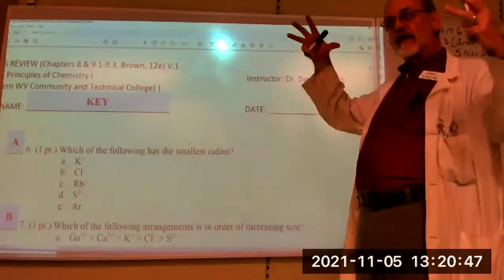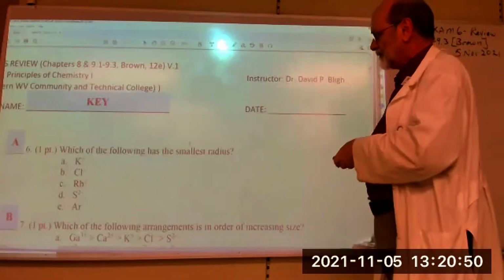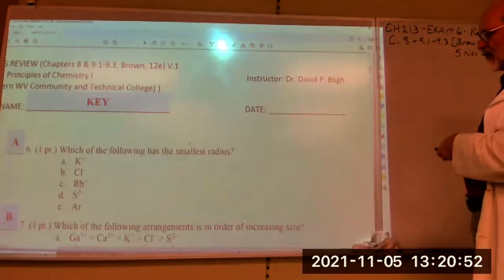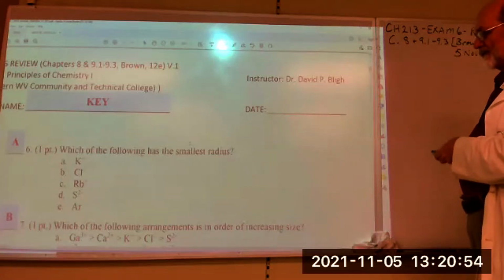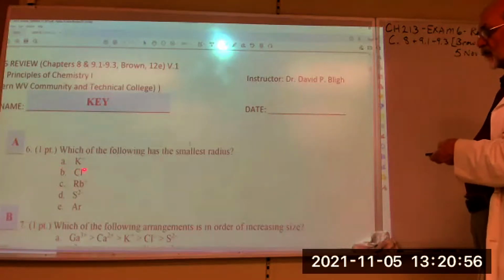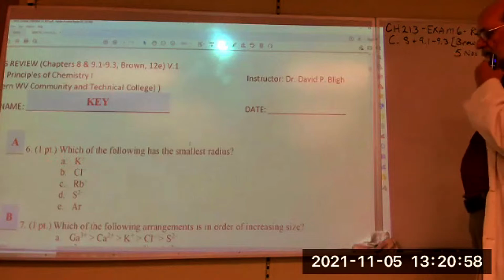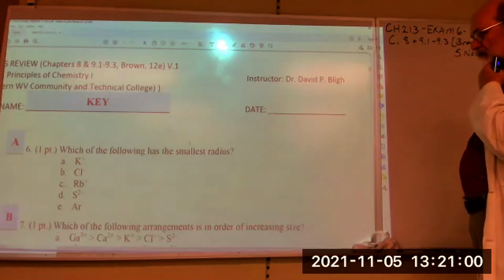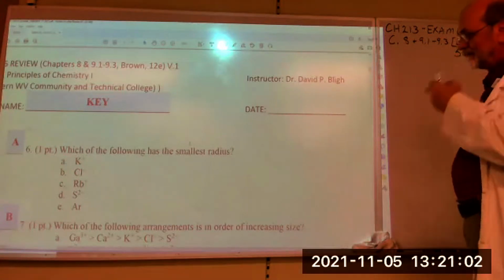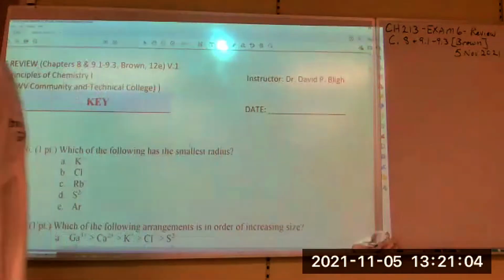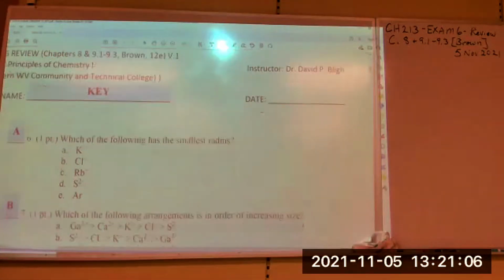Make a negative ion, it increases the size. So that's not really a fair question. Even though it's true, potassium is the smallest ion of the bunch. Is what it is. Hadn't noticed that before.